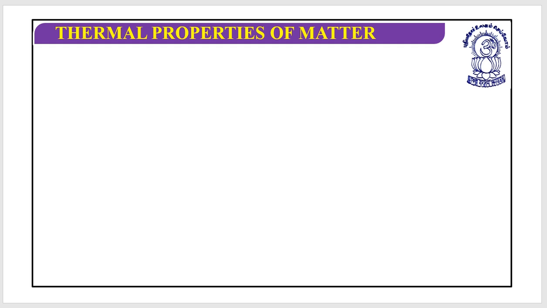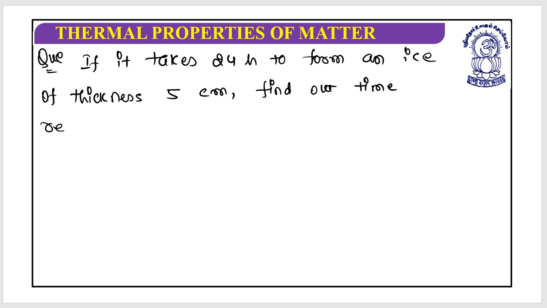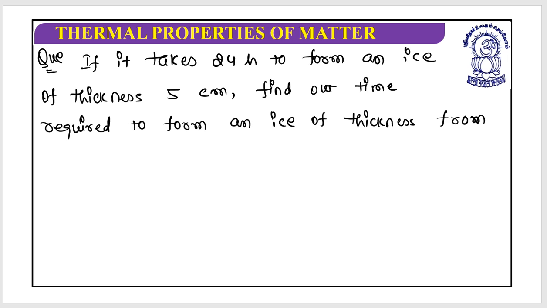So let's look at the question. Let's suppose the question says that if it takes 24 hours to form an ice of thickness 5 centimeter, find out the time required to form an ice of thickness from 5 centimeter to 10 centimeter.